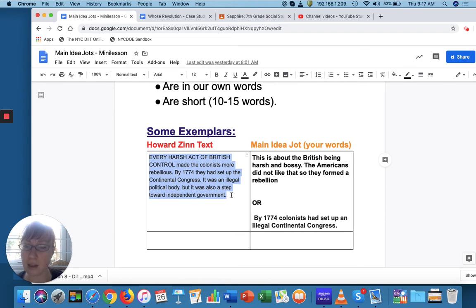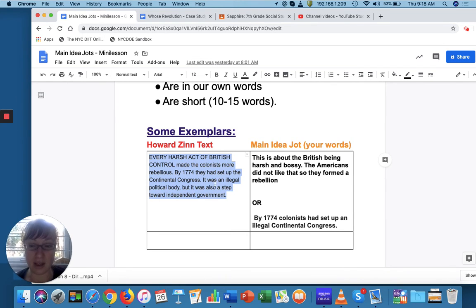Every harsh act of British control made the colonists more rebellious. So I'm thinking every time the English government said, you have to do something in the colonies, the colonists, the people there, started to get angry. They started to get rebellious. By the year 1774, they'd set up this thing called the Continental Congress. I wonder what that is, I ask myself.